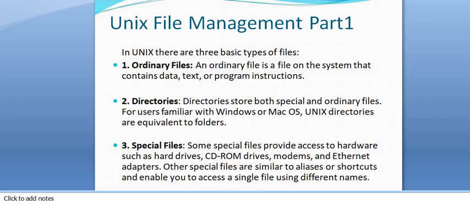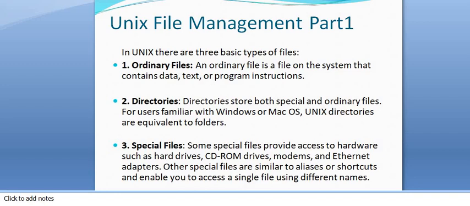The third type we are going to discuss right now is the special file. Some special files provide access to the hardware such as hard drive, CD drive, modem, Ethernet adapters. We are not going to discuss all of that, but I will definitely discuss a few special files by the example I'm going to show you.